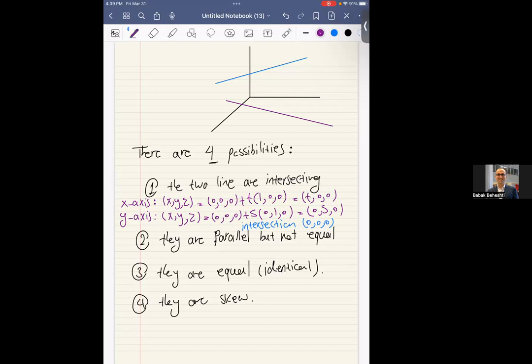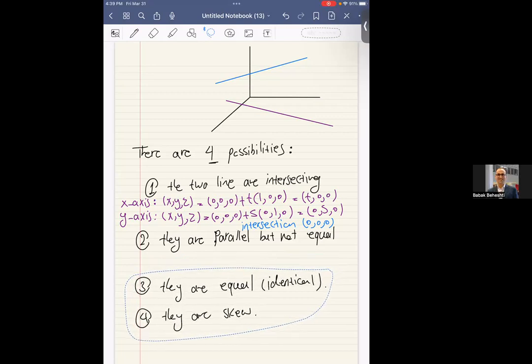So now let me give you another example of two lines that are parallel, not equal. Can anyone tell me two lines that are parallel but not equal? One can be the x-axis, for example: (x, y, z) equals (t, 0, 0).